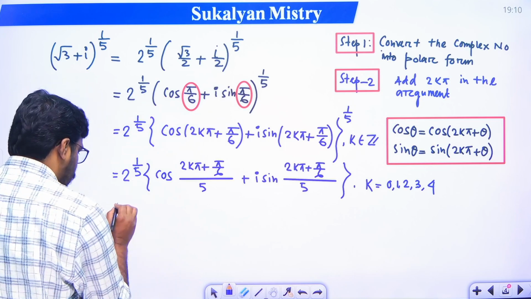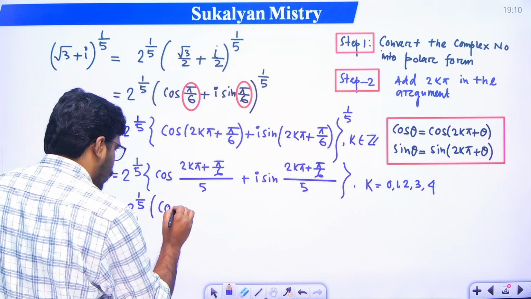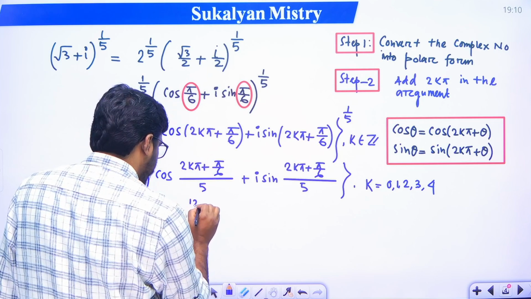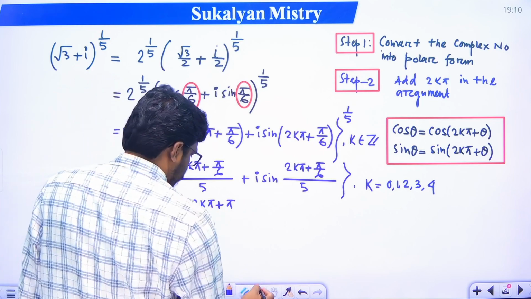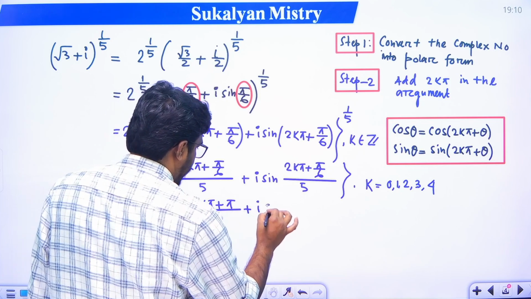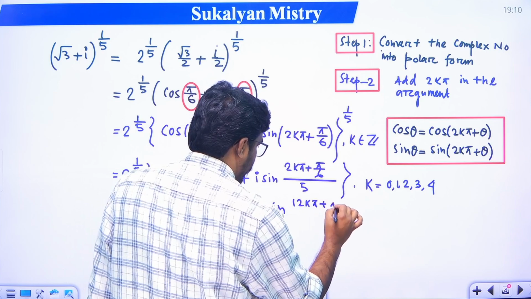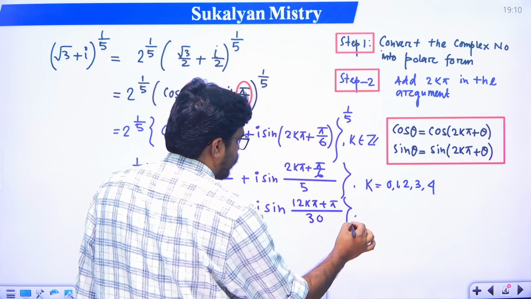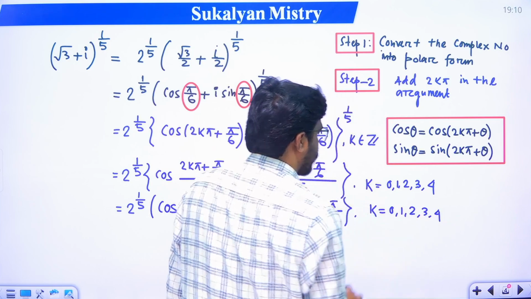So ultimately, if we simplify, we get 2 to the power 1 by 5 into cos of 12k pi plus pi divided by 30 plus I sin of 12k pi plus pi divided by 30. Okay, k is equal to 0, 1, 2, 3, 4.